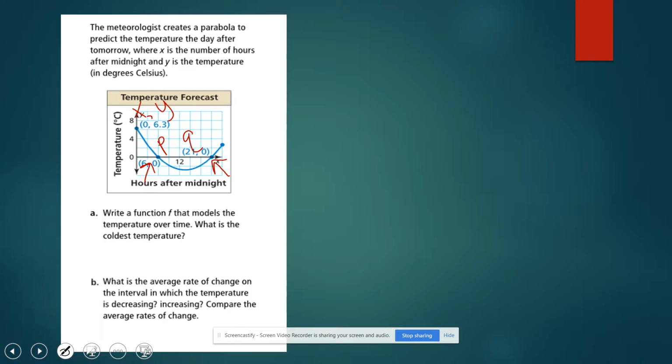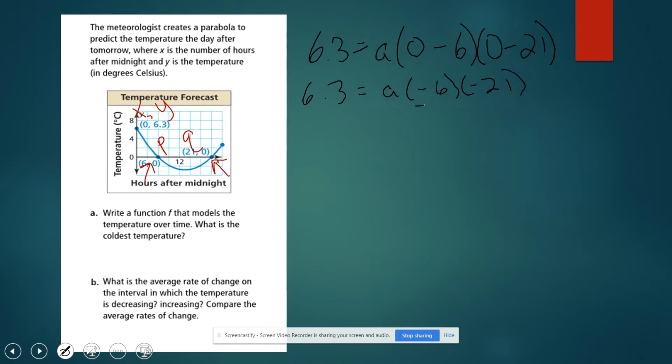So we start with filling in what we know into our equation to solve for A. So we have 6.3 is equal to A, x is 0 minus P is 6, x is 0 minus Q is 21. 0 minus 6 is negative 6. 0 minus 21 is negative 21.